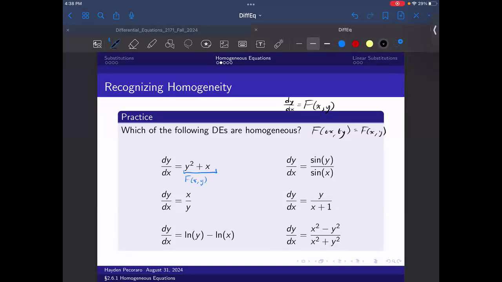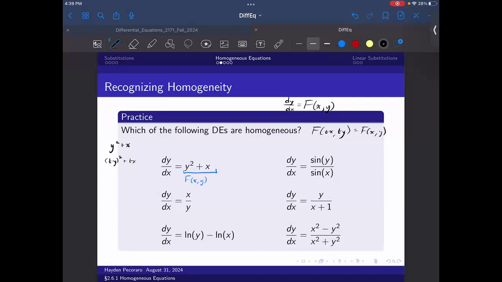If I take that and, not x squared, I replace every instance of x and y with t times x and t times y, then I get ty, y squared plus tx. All right. Now, does the t cancel out and give me back y squared plus x again?